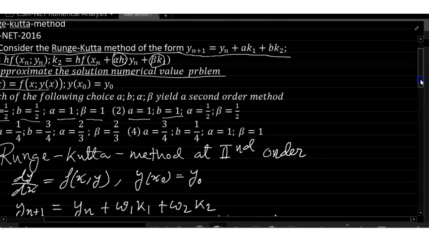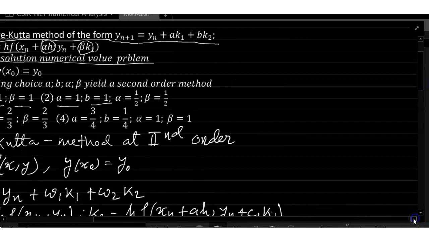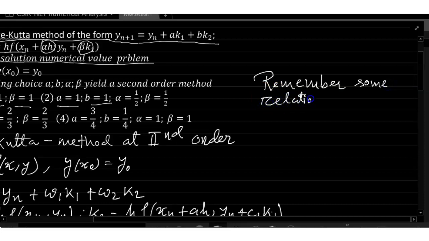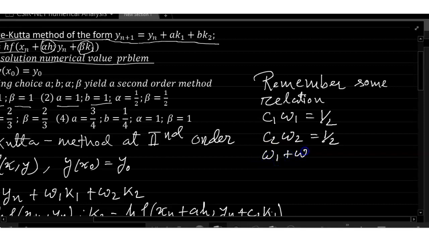Now you have to learn this way and remember some relations: c1 w1 = 1/2 and c2 w2 = 1/2, and w1 + w2 = 1.